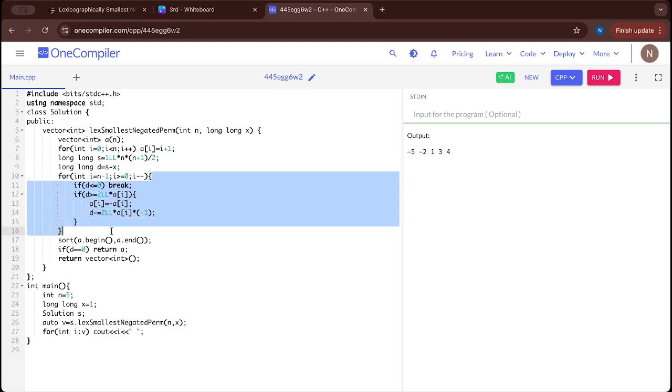Finally sort the array, because we want the lexicographically smallest, so simply sort it. We can get the answer only if d is equal to 0, because d is the net difference. So finally, after the loop, if the net difference is 0, it means we are able to get a permutation with sum x. If d is equal to 0, only then return a, else return an empty vector.